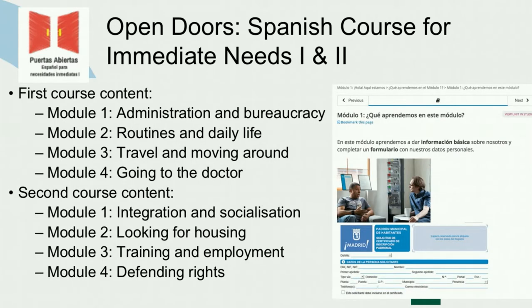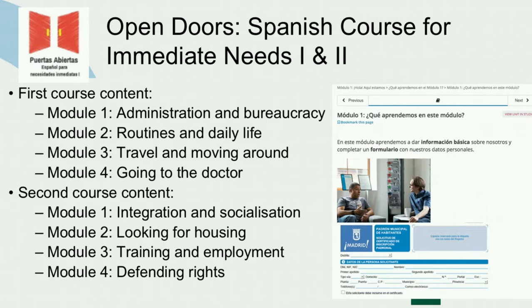The contents that were decided for both courses were administration and bureaucracy, like how to get the documents that will allow you to stay in the country, all the basic paperwork that a refugee needs to start dealing with when they arrive in a host community.